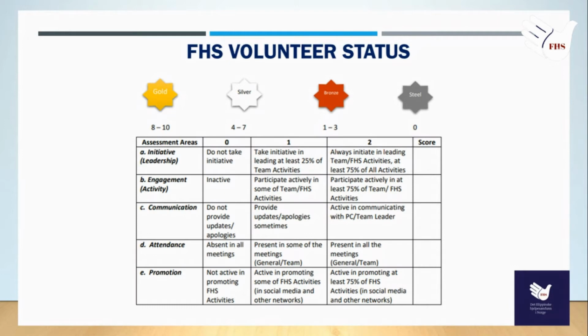If you are doing this actively and all the time, then you'll get the score of 2. If you are doing this sometimes, then you'll get the score of 1. And if you are not providing any updates or apologies, then you'll get a score of 0.